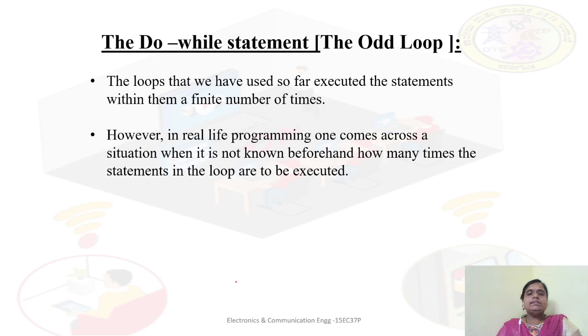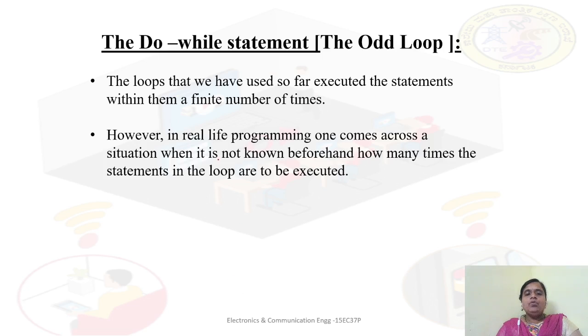Then we will go for the next statement, that is the do while statement. The do while statement is the one where we execute the loop body first and then we test the condition. That's why it is said to be exit controlled, or post-tested, not pre-tested, and it is also known as an odd loop statement.